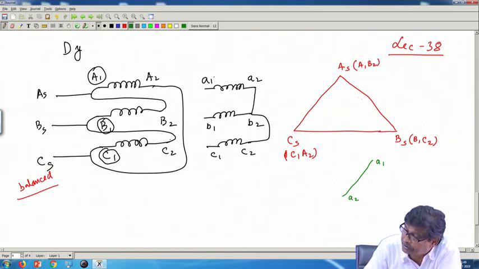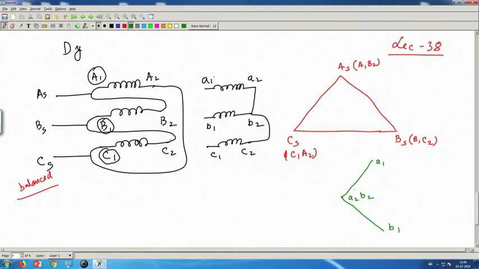So, parallel to this, small b1, b2 will exist, and not only that, I have joined B2 with A2. So, bring this line parallel and it will be here, b2 b1, parallel to this. So, this angle will be 120 degrees apart. Mind you, all these angles are 60 degrees.